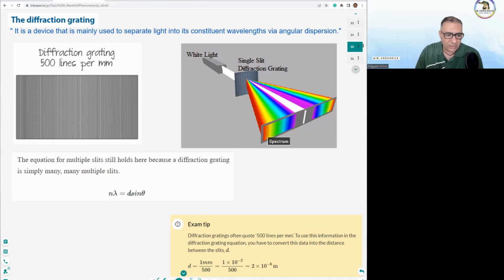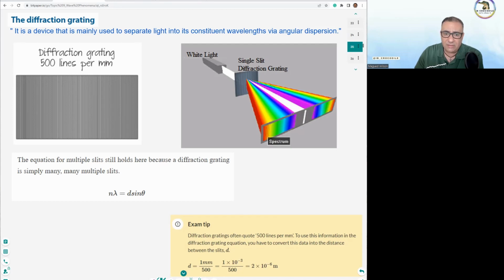From this formula, we can say that lambda is directly proportional to sine theta. So the bigger the angle, the bigger the lambda. The smaller the angle, the smaller the lambda.